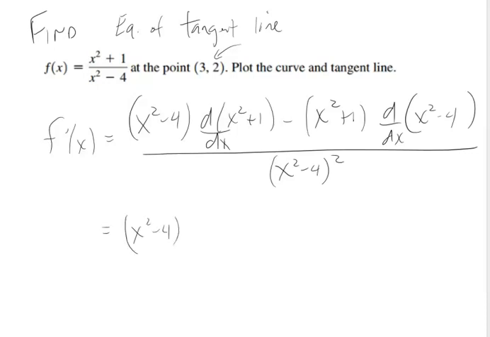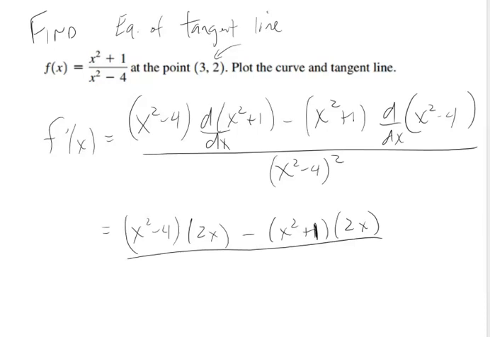Do some calculus. Derivative, 2x minus x squared plus 1, 2x. So 1, right? All over. Notice usually I'm not going to square this denominator out. And then you ask yourself, what can you do? Watch this trick. You'll do this a lot.